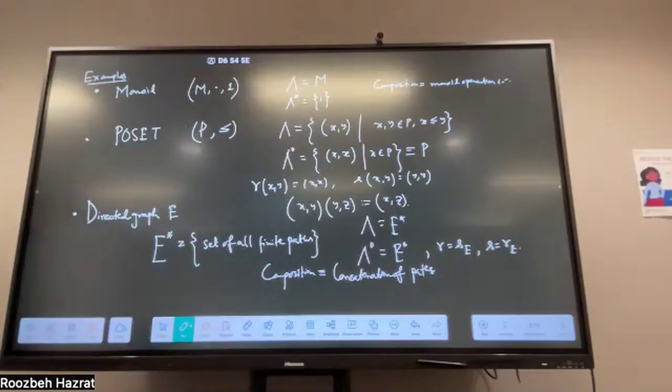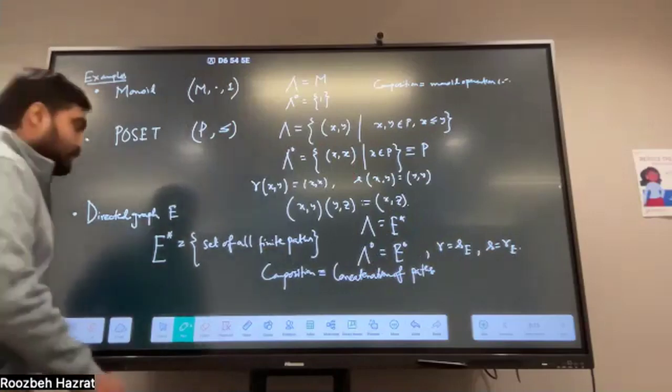So I have these three very basic examples, but from here I want to highlight one thing. Let's talk about functors in these examples when we view them as small categories.